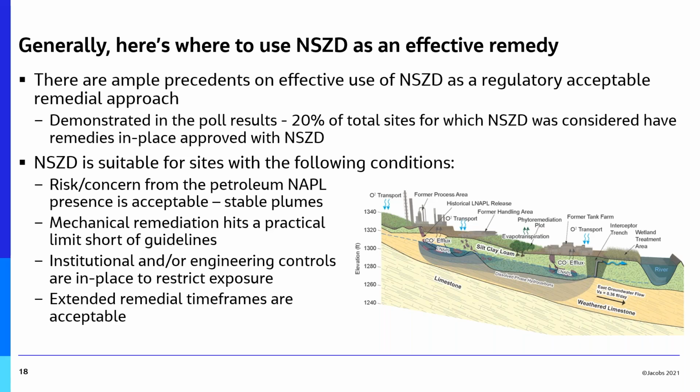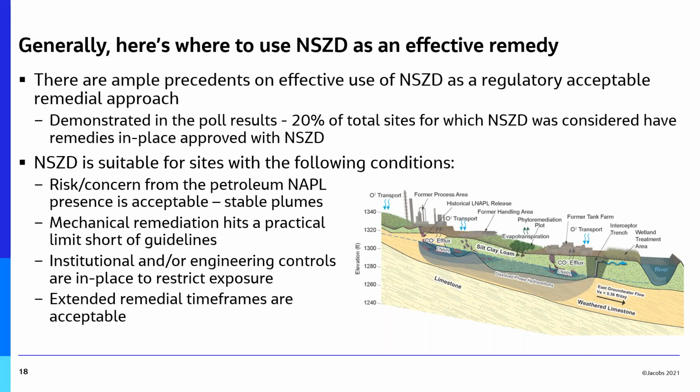So natural source zone depletion is significant. The fact is mechanical systems can't get it all out of the ground, but we're kind of stuck with this, where NSZD perhaps is going to require an additional decade for remediation. So you've got to kind of work the site conditions, mitigate risks, possibly use barriers to exposures, institutional controls, et cetera, to restrict exposures.